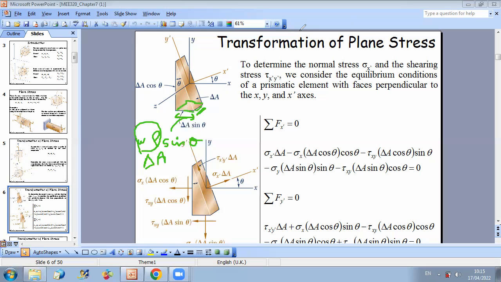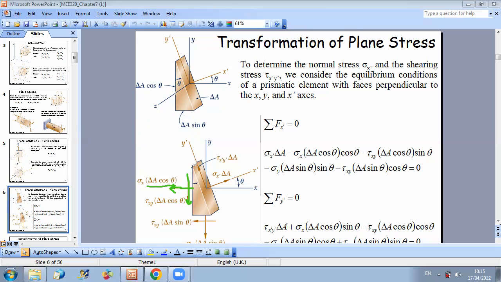So now, when you do the analysis of forces, here you have the force normal to the face parallel to plane YZ. Then you have to multiply sigma x by the corresponding area, which is delta A cosine theta. Now, concerning tau xy, for this surface, the positive convention for tau xy is downward because the normal vector is along minus x.